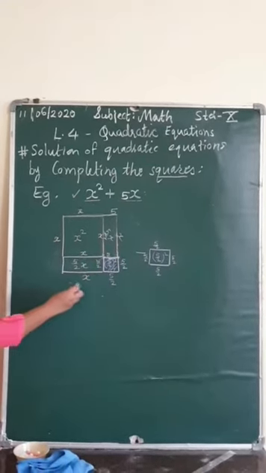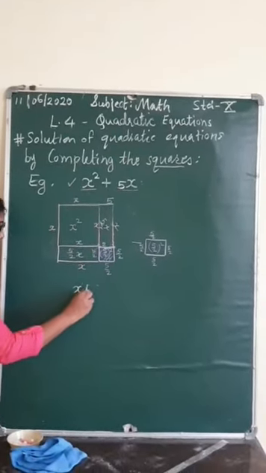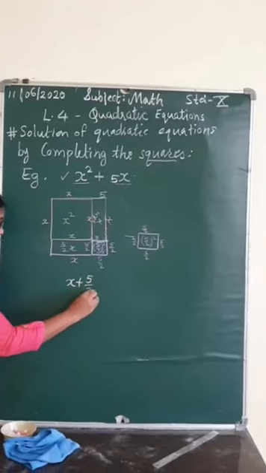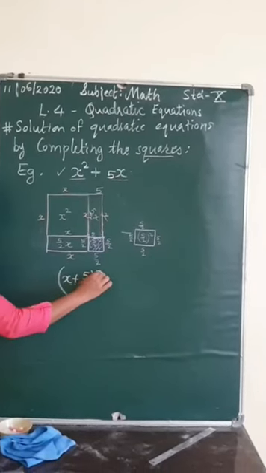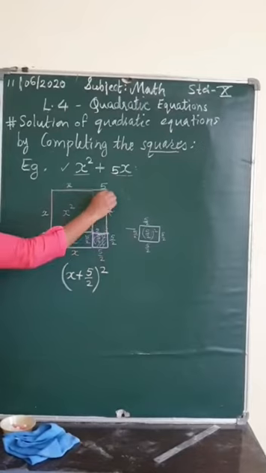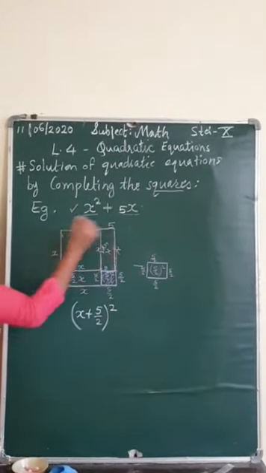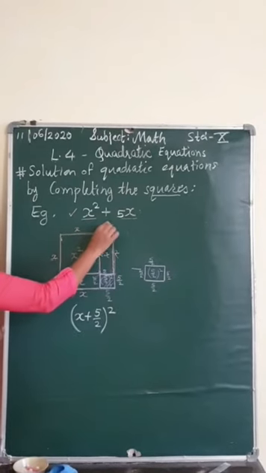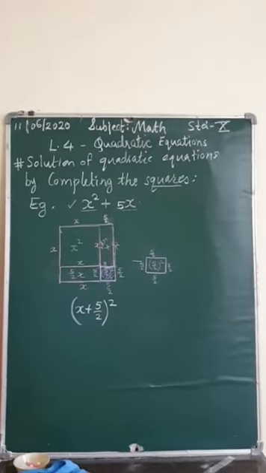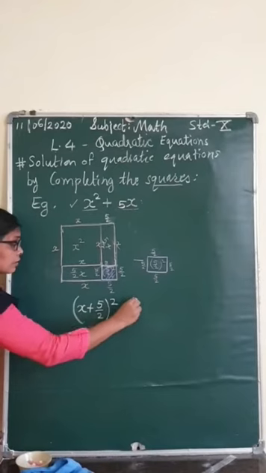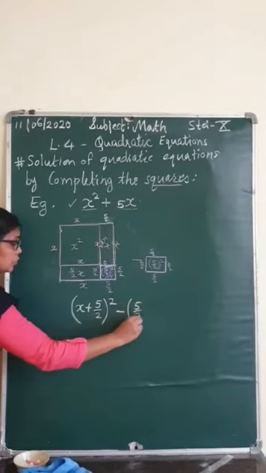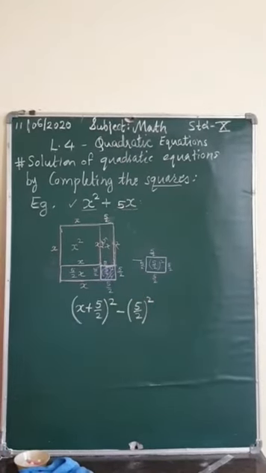We write it as x plus 5 upon 2 whole square, representing this whole square, minus 5 upon 2 whole square.